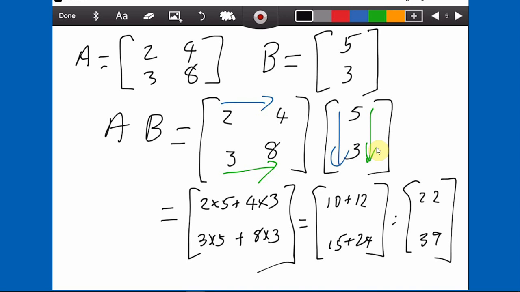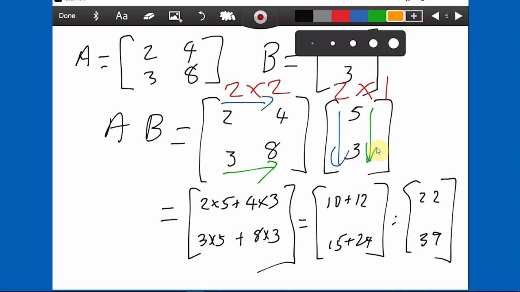All right, so you'll notice that what we started with over here was a 2 by 2 and a 2 by 1, and then what we've ended up with down here is a 2 by 1.